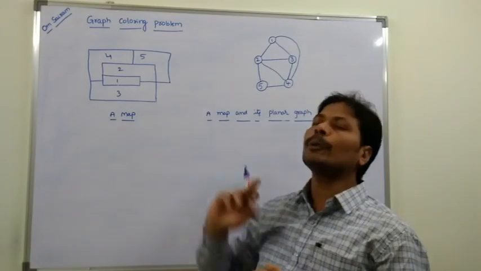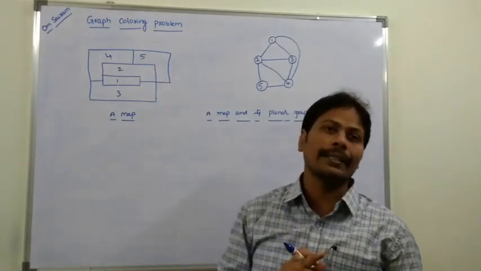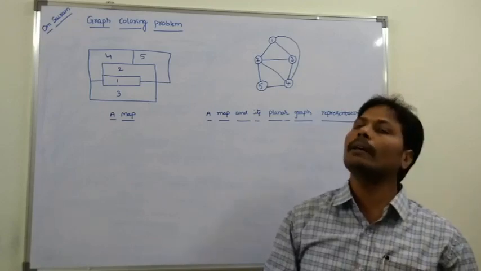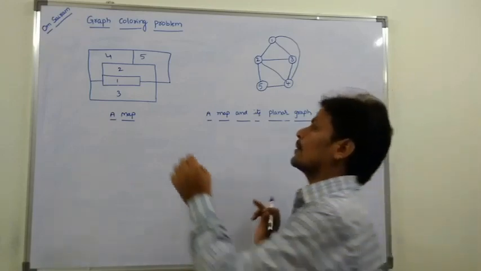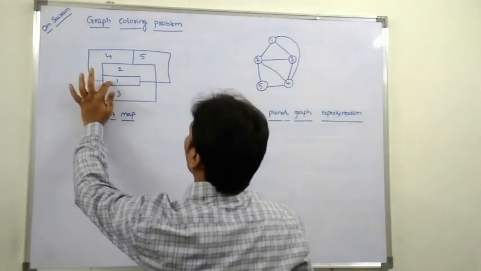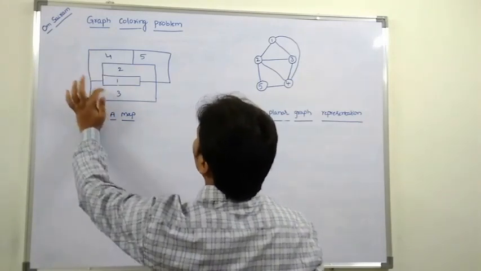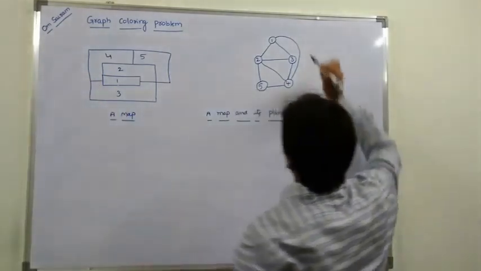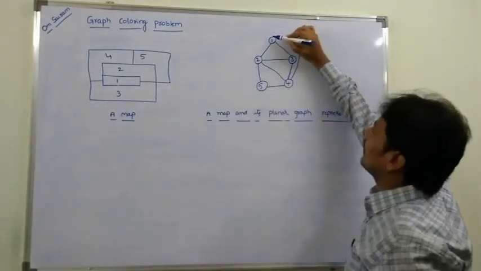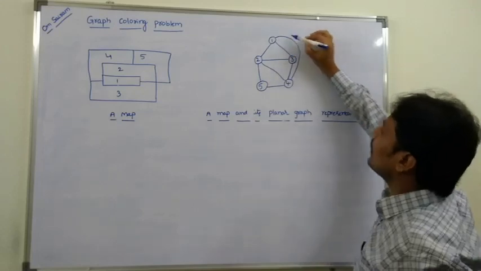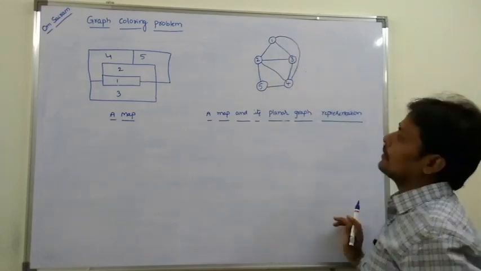If any two regions are adjacent, those two regions are connected by an edge. Suppose region 1 is adjacent to region 2, region 3 and region 4. So vertex 1 is connected with vertex 2, vertex 3 and vertex 4.